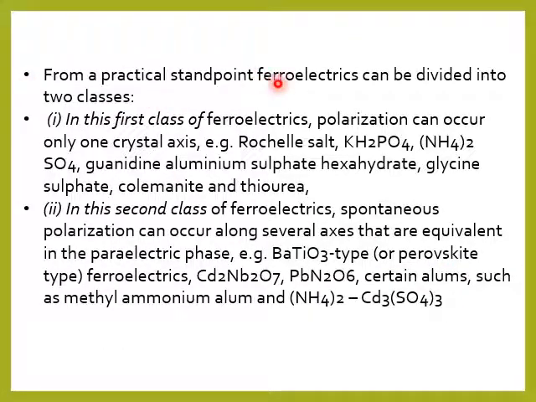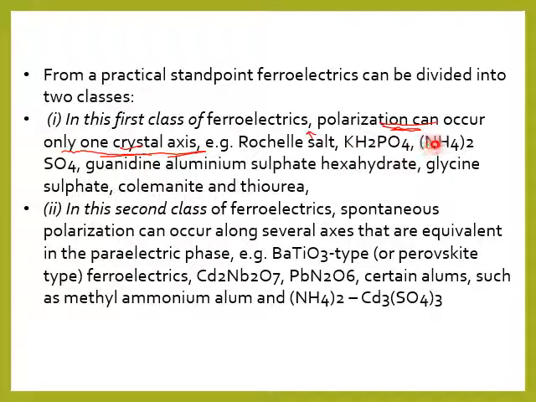From a practical standpoint, ferroelectrics can be divided into two classes. In the first class, the spontaneous polarization takes place only on one crystal axis. An example of this is Rochelle salt, potassium hydrogen phosphate.